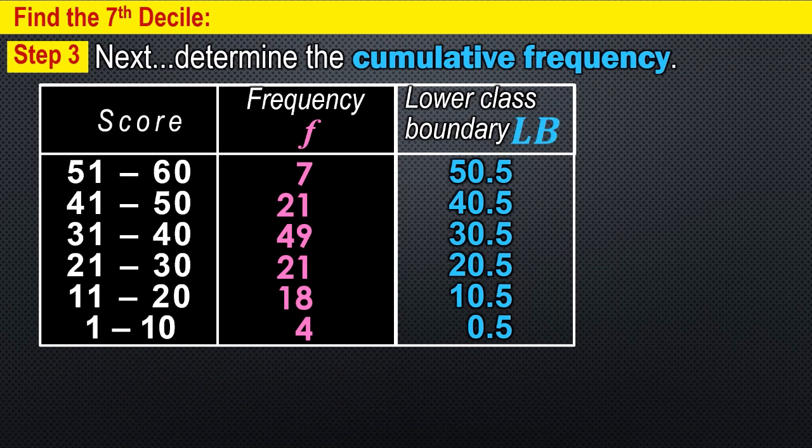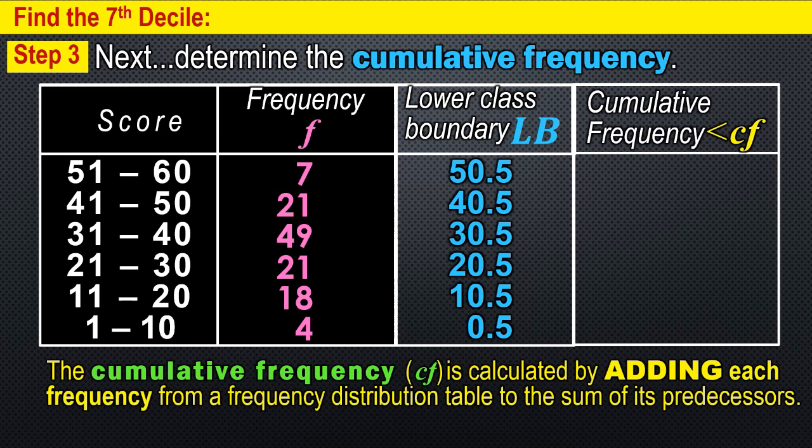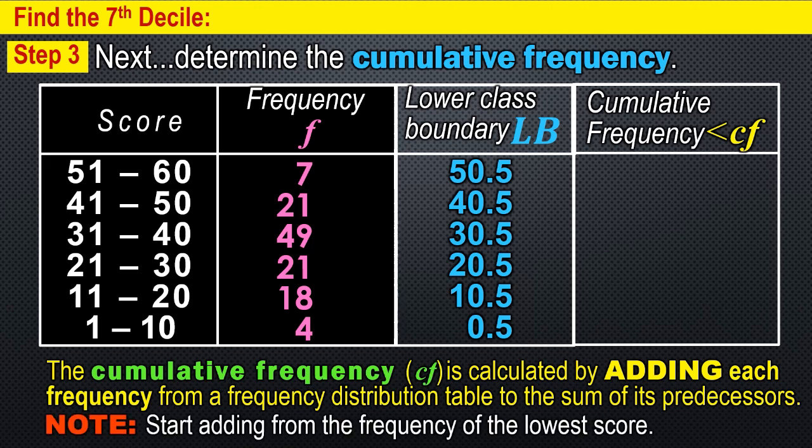Next, we need to determine the cumulative frequency. Take note that the cumulative frequency is calculated by adding each frequency from a frequency distribution table to the sum of its predecessor. So you're going to start adding on the frequency of the lowest score. Our lowest score is 1 to 10 and the frequency is 4.